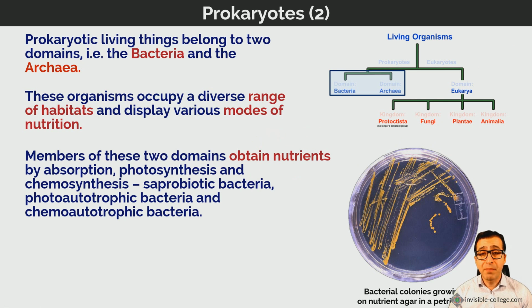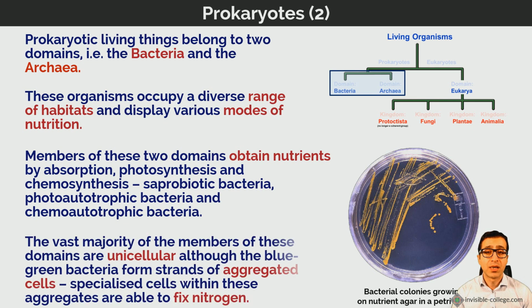The vast majority of the members of these domains are unicellular, they're individual cells. So each organism is one cell, but some of these can form colonies of cells. These are not strictly speaking multicellular organisms because a colony of bacteria is not one organism. But these cells sometimes can join together in colonies to form strands of aggregated cells, for example.